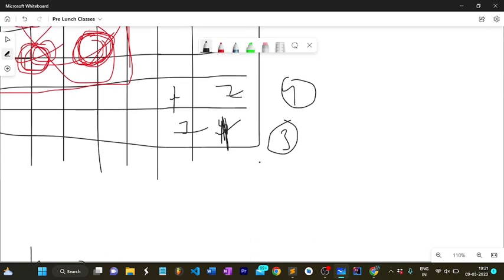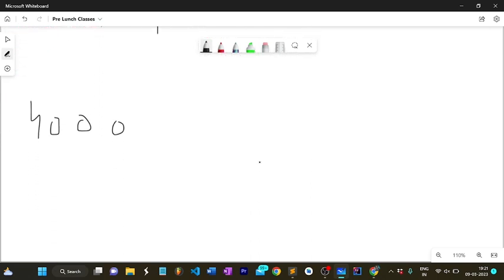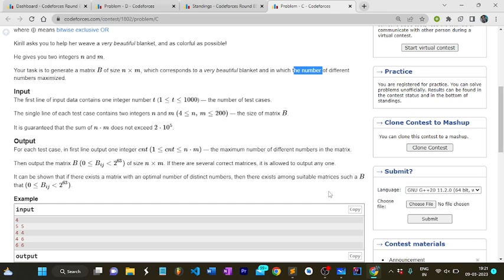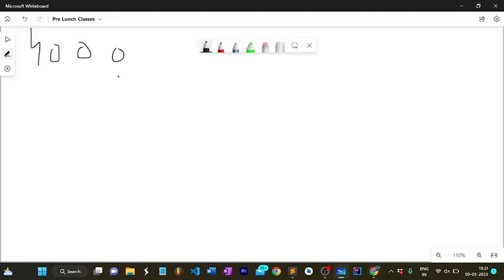So the number of different numbers should also be maximized here. That is also mentioned in the problem. And as I have told you, as per the constraint, the size of the matrix can't go beyond 4000. Okay, so this is the first observation which we have made here.